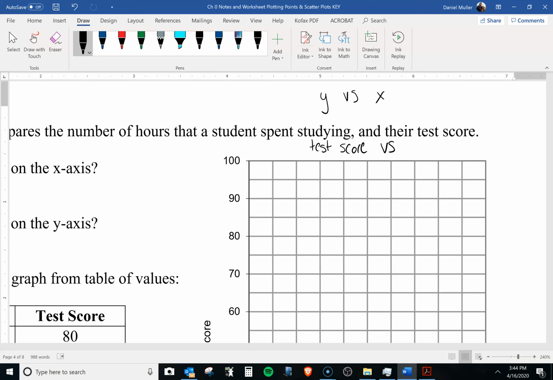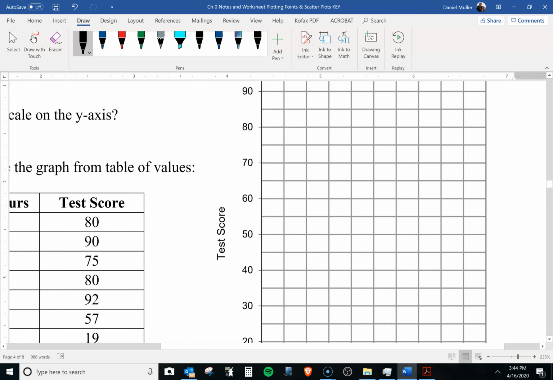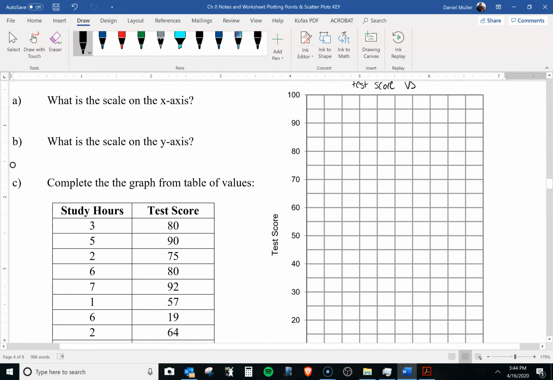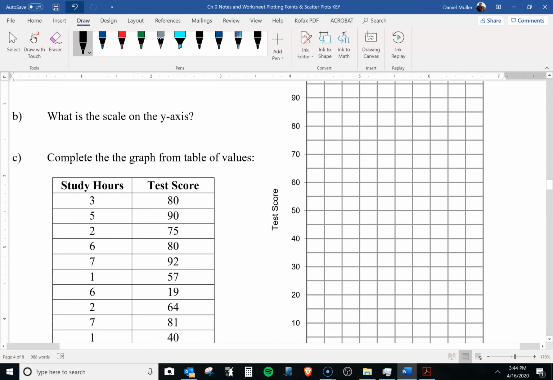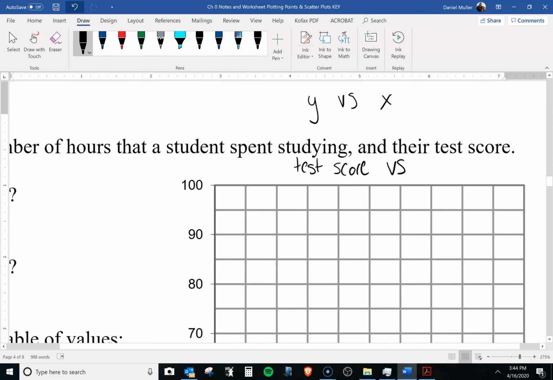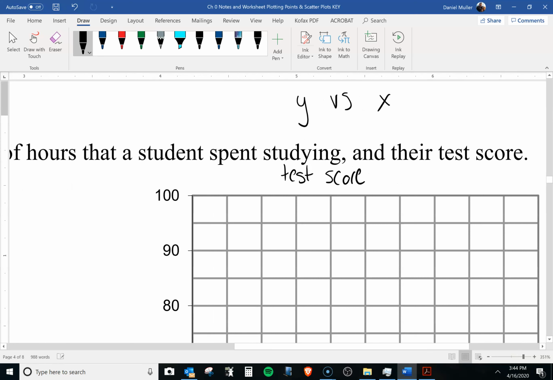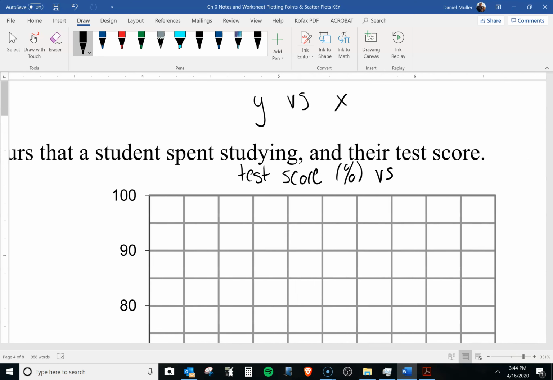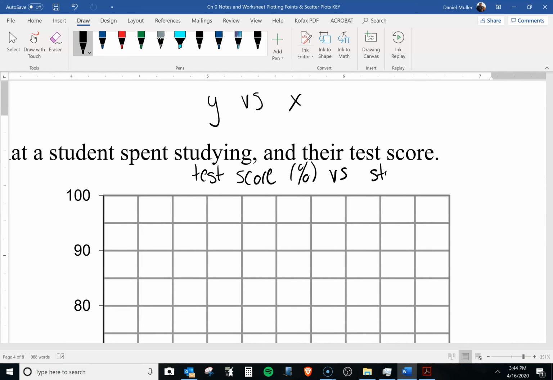The test score is in percentages, so you can get up to 100%. So I'll put a little percent sign. So test score in percent, I'll put that in brackets, versus the study time. And I like to put in hours. So that is our title.